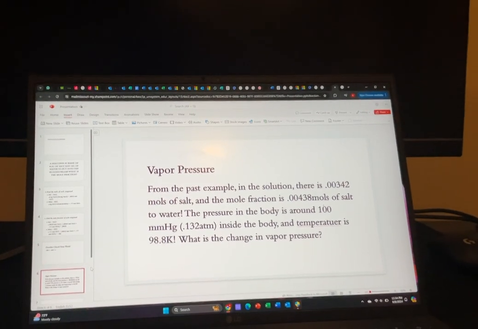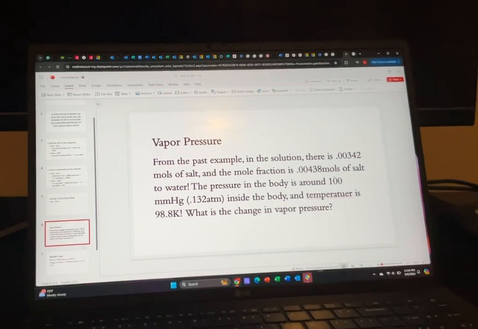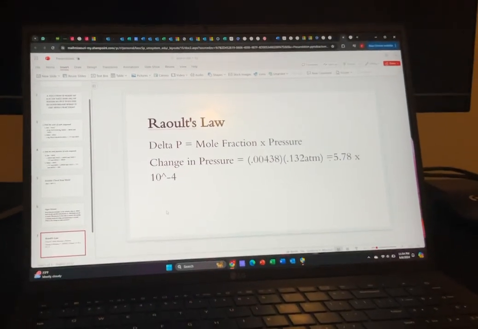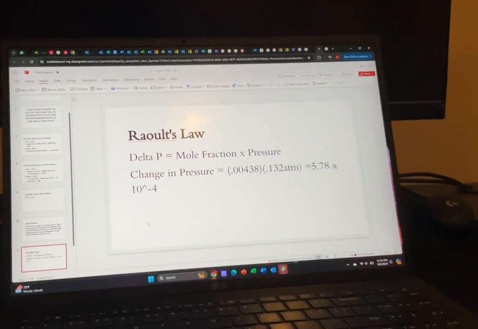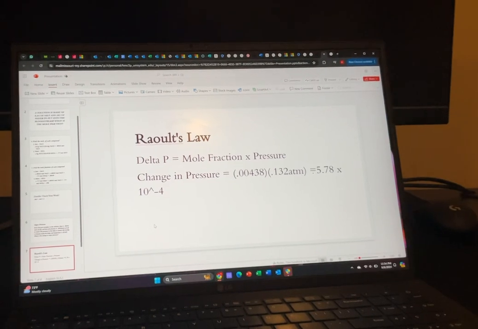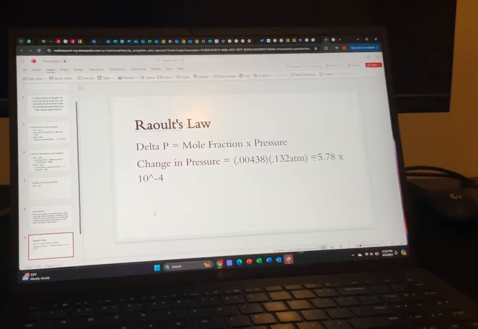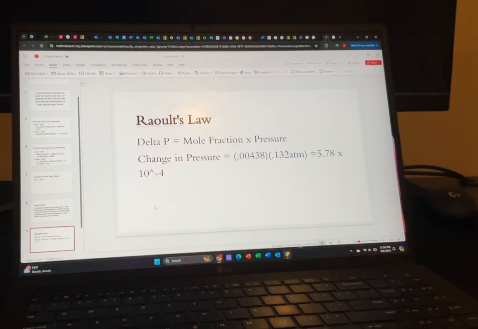And then we're going to find the change in the vapor pressure. We're using Raoult's law. Since we have to find a change in the vapor pressure, a lot of the water cannot evaporate, which is okay in a sense, but it's not 100% good, because those water molecules cannot evaporate up, which makes it have a lower water pressure because of how high the concentration is.